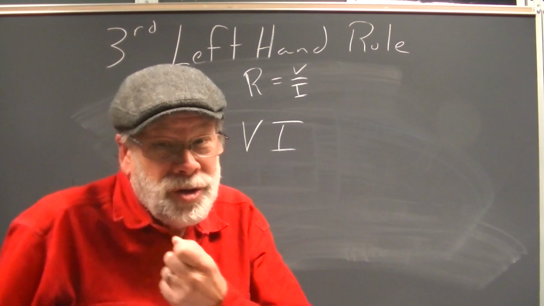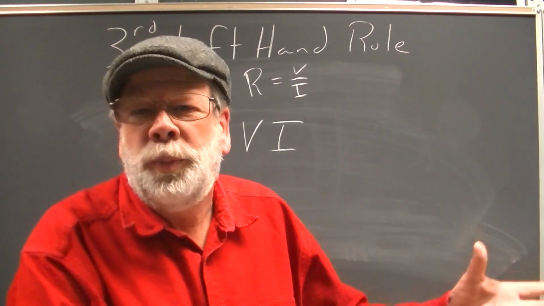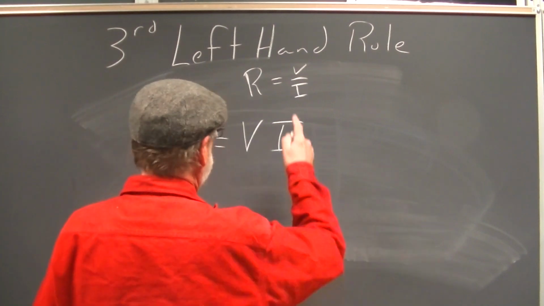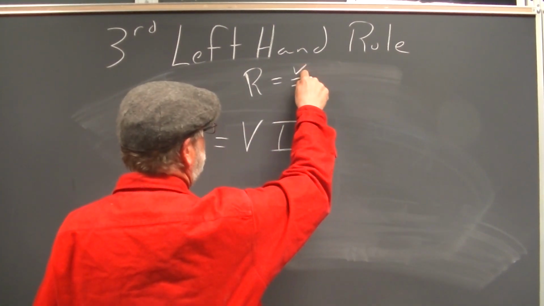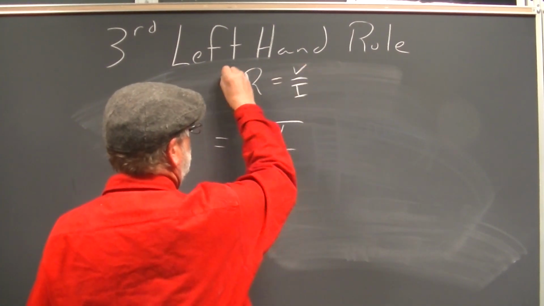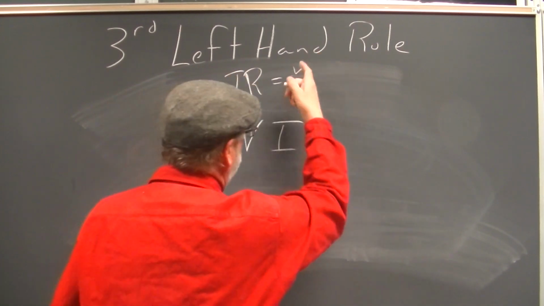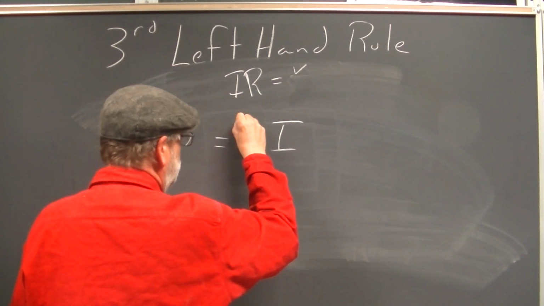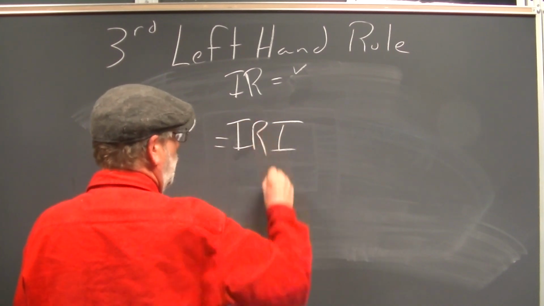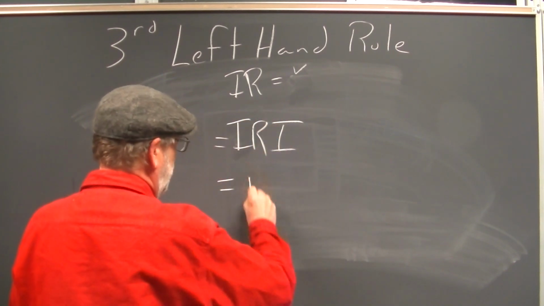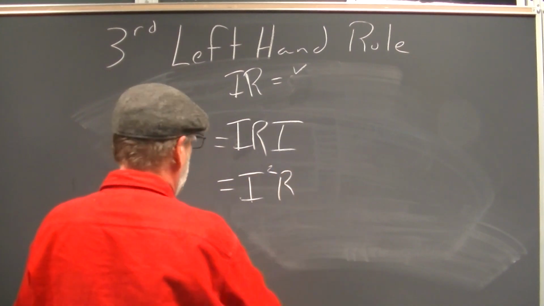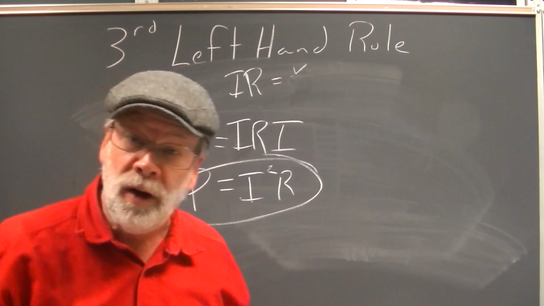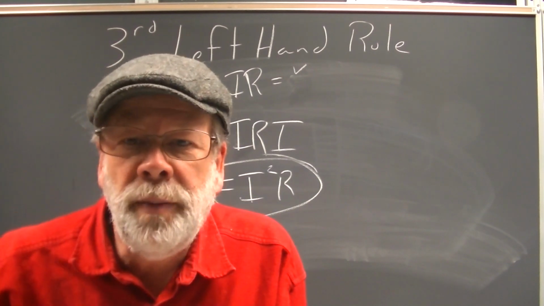Resistance is how much electrical pressure you need to apply to get a certain current. Well, if I solve this for V, I get IR, right? V equals IR. So if I put that here, I times R times I, we could simplify that by saying I squared R. The power is equal to the square of the current multiplied by the resistance.